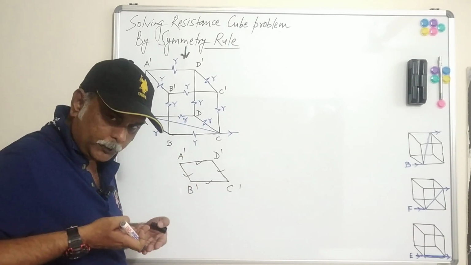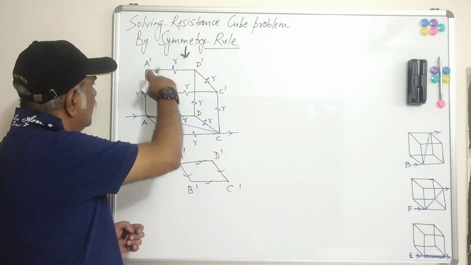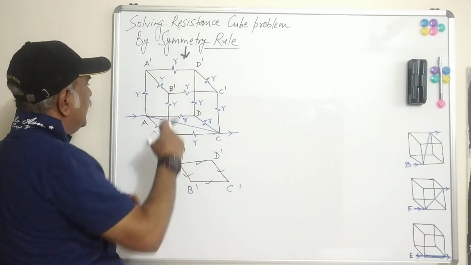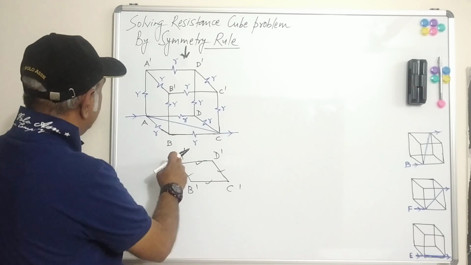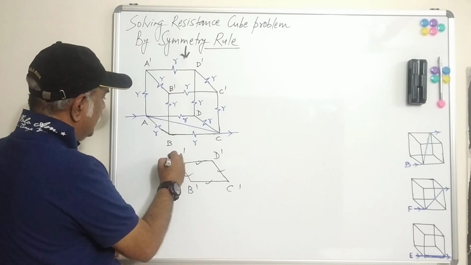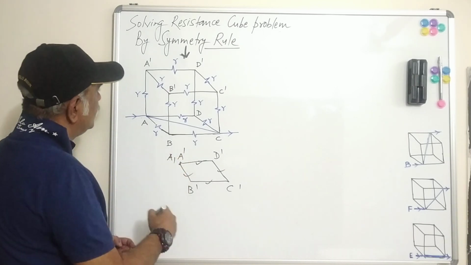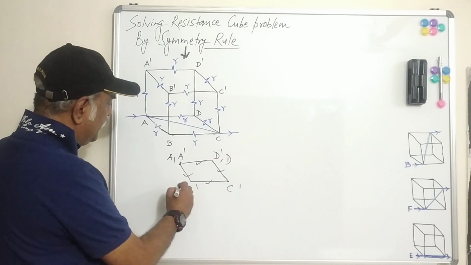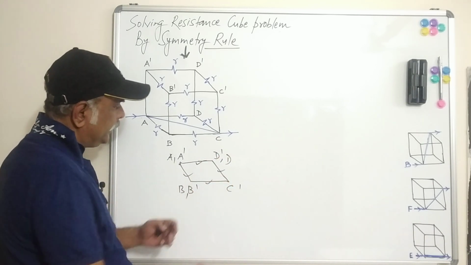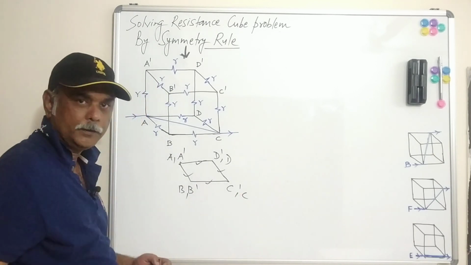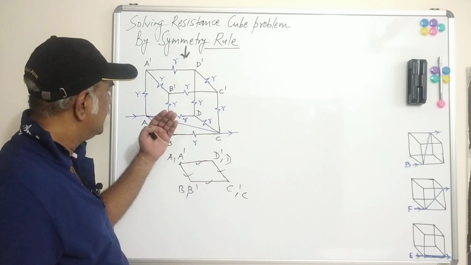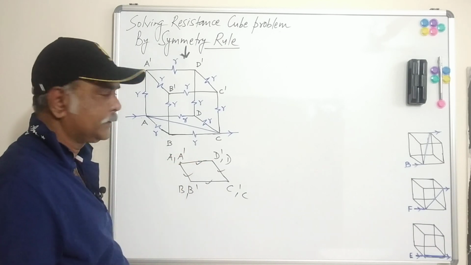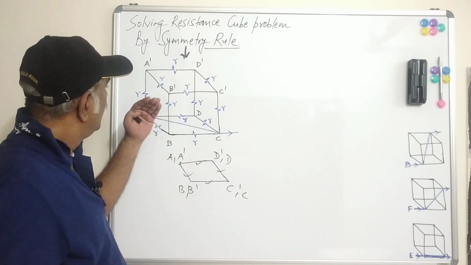You will be seeing all these four edges and nothing else. This A dash and A will be at the same position. This D dash and D will be at the same position. This B dash and B will be at the same position. This C dash and C will be at the same position. That does not serve our purpose, isn't it?